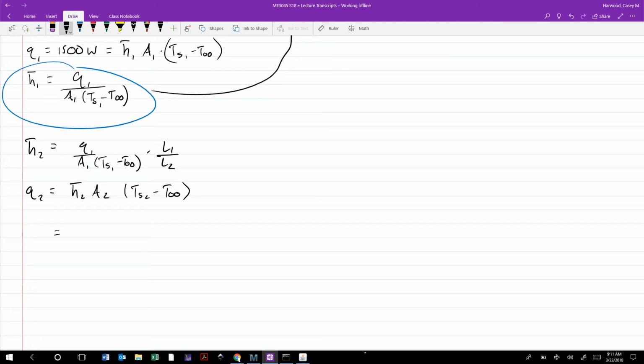So this ends up being Q1 times A2 over A1 times L1 over L2 times TS2 minus T infinity over TS1 minus T infinity.